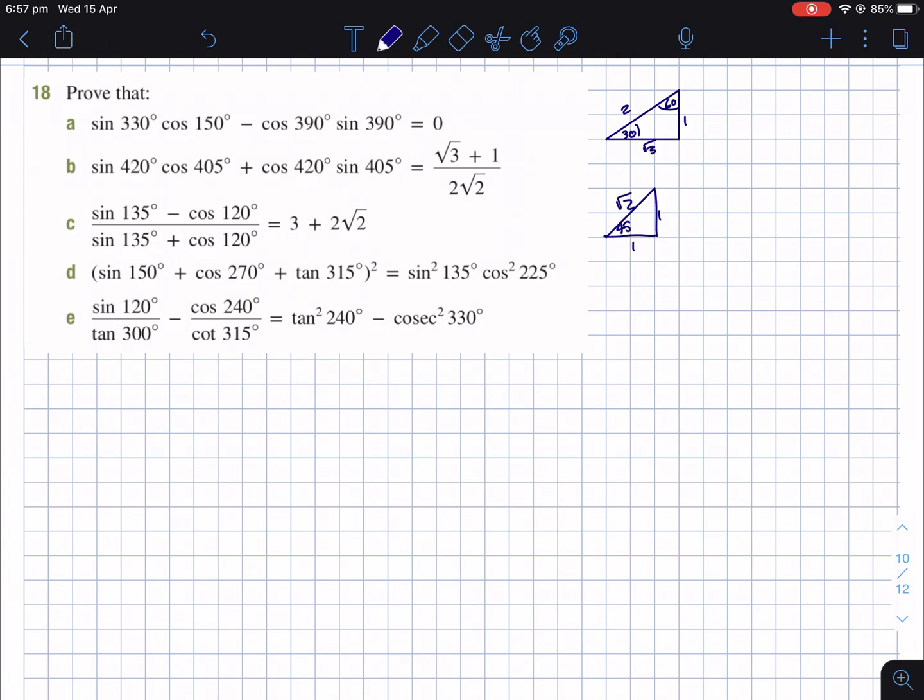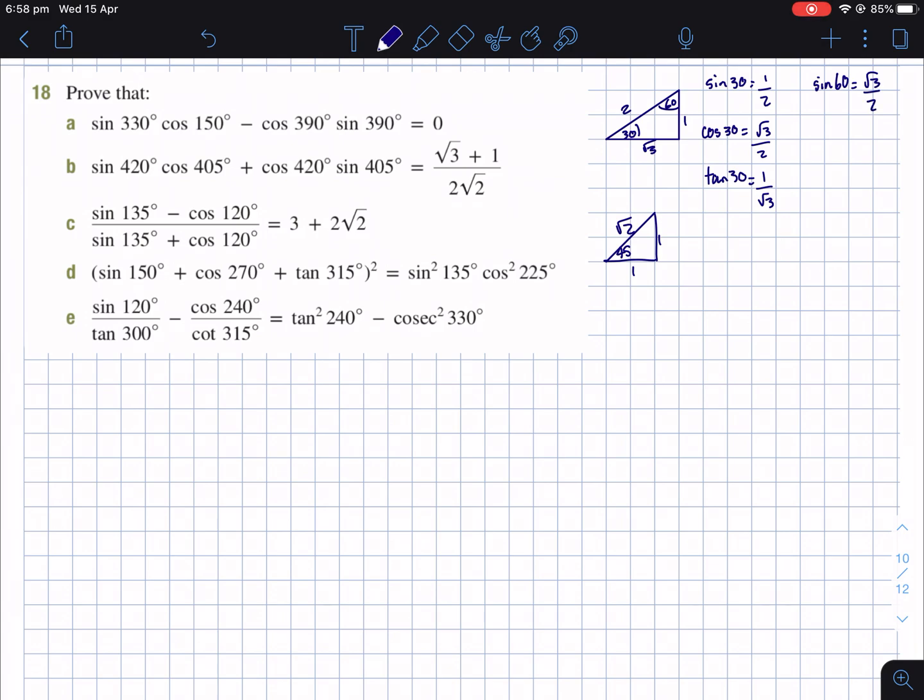Now, this means sine 30, a half, cos 30, root 3 on 2, tan 30, 1 on root 3. Sine 60, root 3 on 2.